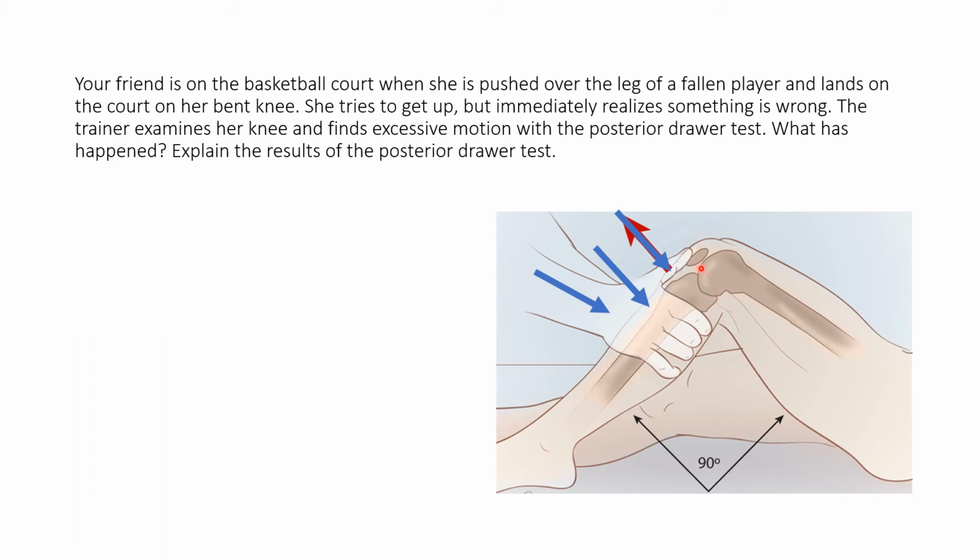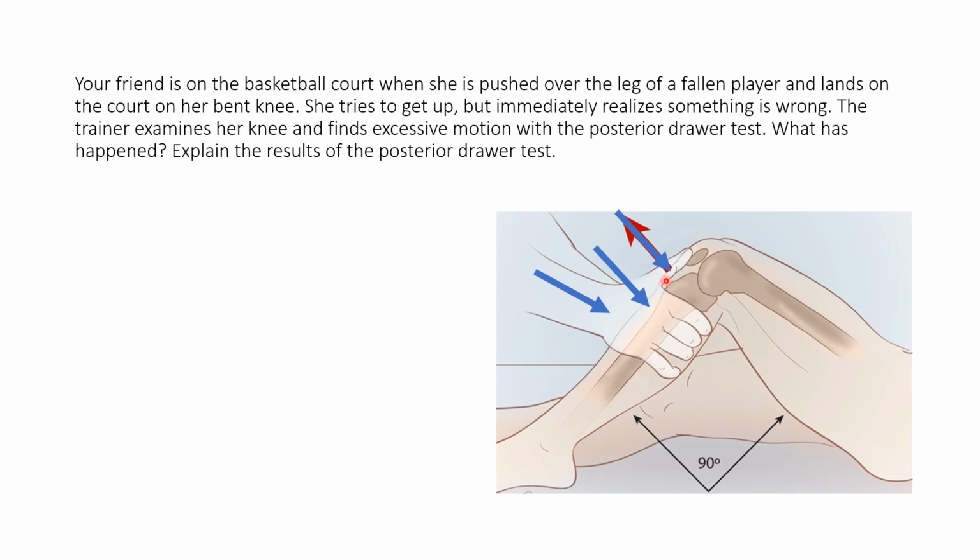So posterior drawer test, we just talked about that a little bit here. The anterior drawer test is when you pull that tibia anterior. Then the posterior drawer test is when you push the tibia posterior. And there's excessive motion. So remember that the anterior drawer test was actually testing the ACL because we were pulling the tibia anteriorly, which the ACL is preventing the tibia from sliding anterior to the femur.